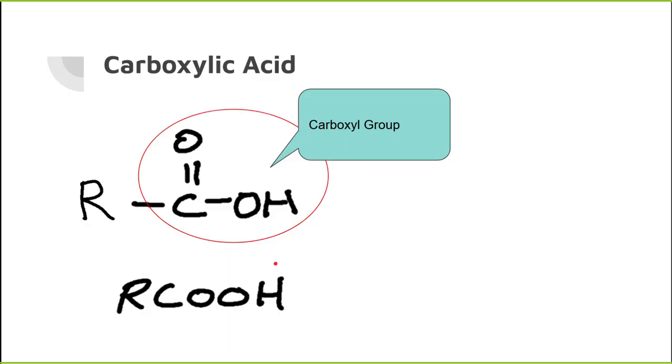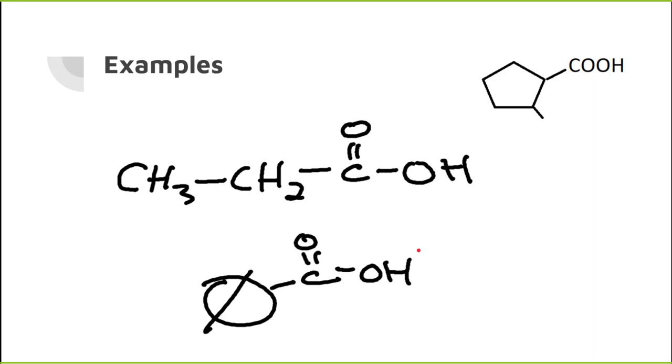Okay, carboxylic acids. A carboxyl group is a C double bond O, OH. So the general formula for a carboxylic acid is RCOOH, which is how it's usually drawn in shorthand. Some examples here. We've got 3 carbons with this carboxyl group on the end.